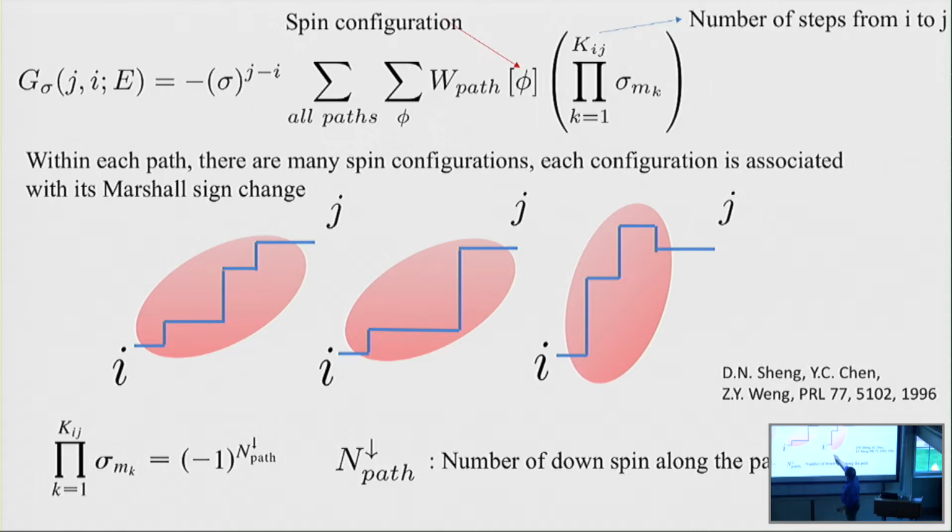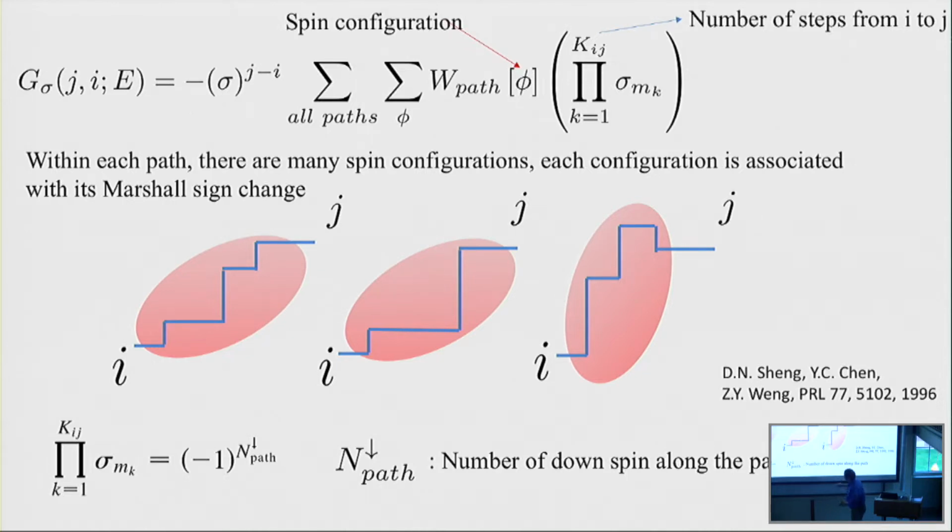It cannot be 5 minutes, but anyway. So something is positive, and then there's a collection of changes of the Marshall signs, which are really just all plus 1 or minus 1, depending on the path. Here's the general idea, because I screwed up with my time. If I propagate from I to J, conceptually there are many different paths, and for each path there are lots of spin oscillations.